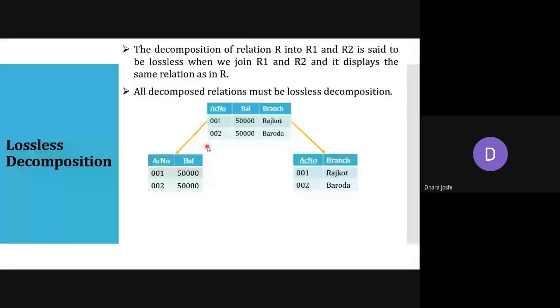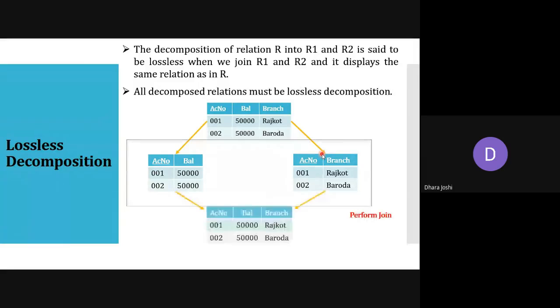Now, once we merge these two tables together, we get this table and it is the same as the previous one. Why? Because we do not have any extra records or any incorrect data here, and that's why it is similar to the previous one. So all the decomposed relations should be lossless decompositions; only then do we get the correct relation.